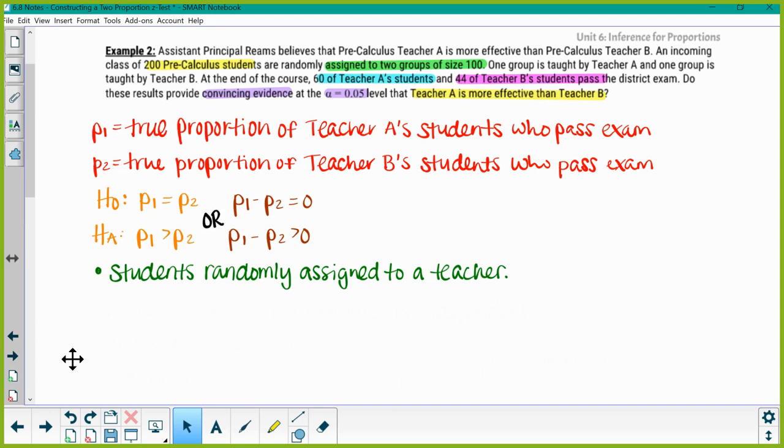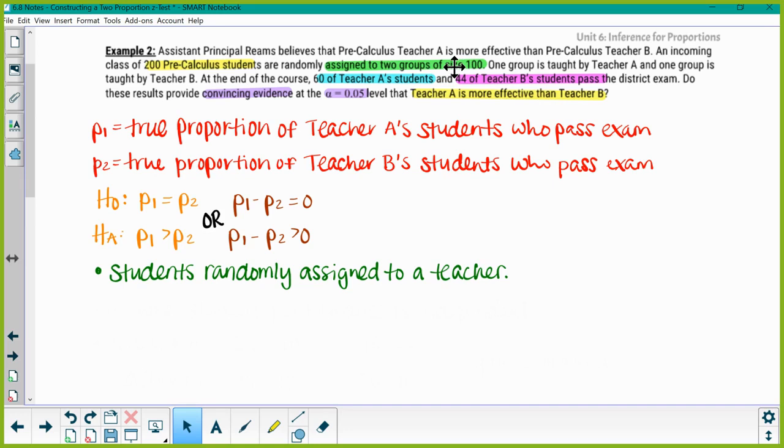Now, with that being said, I only have 200 pre-calc students. I don't have 100 times 10, 1,000 calculus students in this year. I don't have another 1,000 to satisfy the other one.